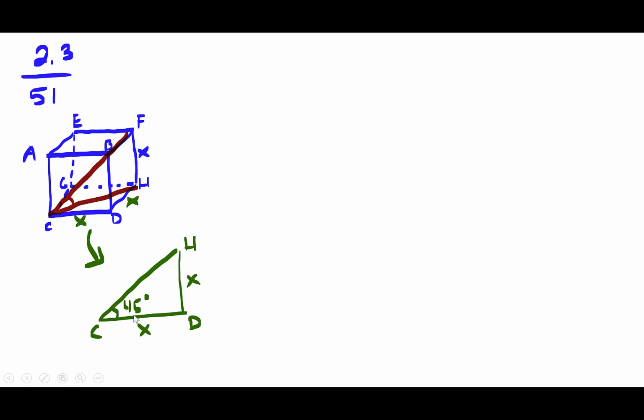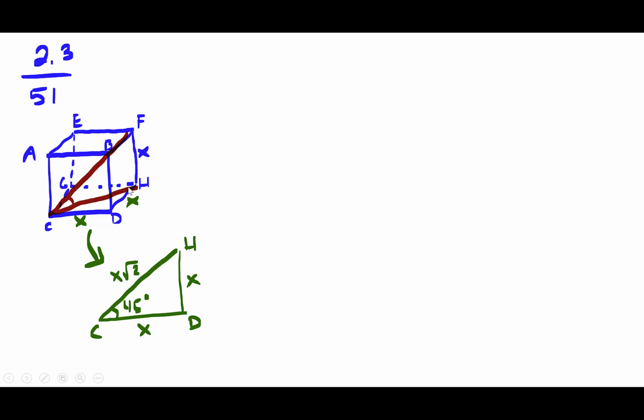That's the first thing I noticed. Remember, you could use the Pythagorean theorem if you like, but we should recognize that if this is a 45-degree triangle, the hypotenuse, if you know the side, is just the side multiplied by the square root of 2. So this becomes x root 2.